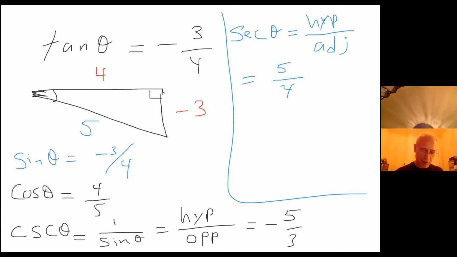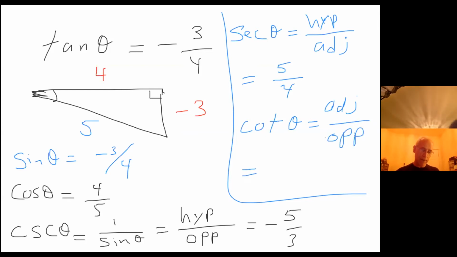And finally, cotangent of theta. Cotangent of theta equals cosine of theta over sine of theta, or you can think of it as 1/tangent of theta. Or you can simply think of cotangent of theta as adjacent over opposite.